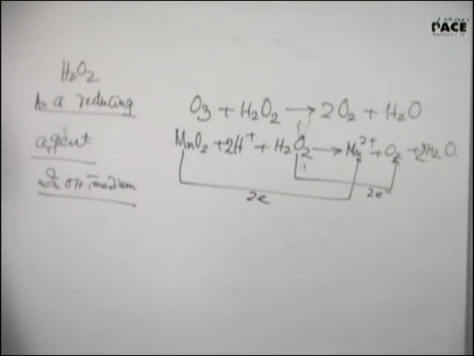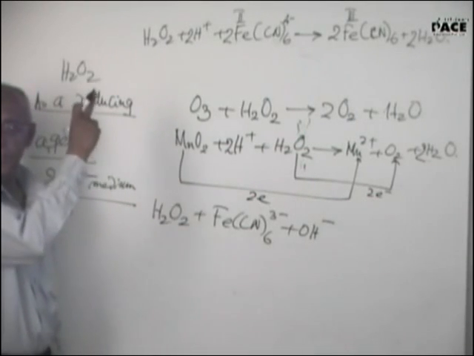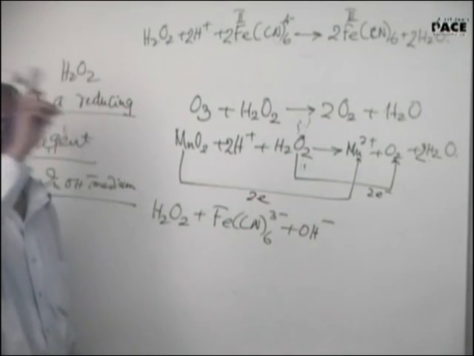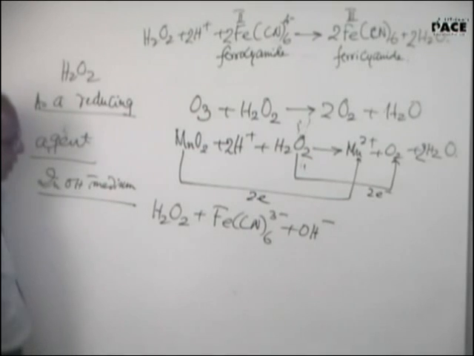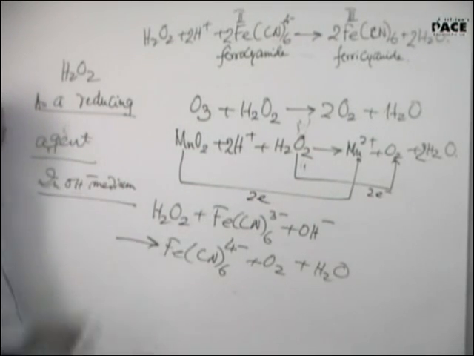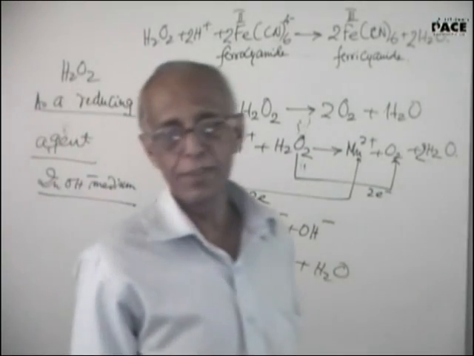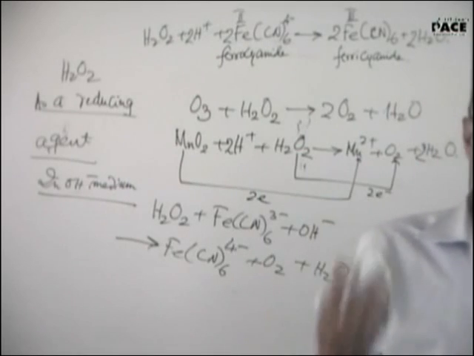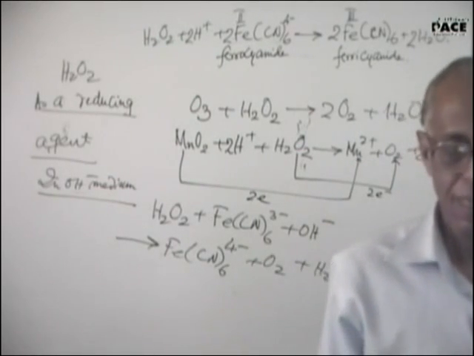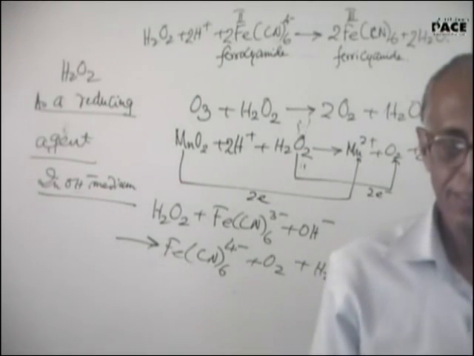As a reducing agent in OH medium. In acid, hydrogen peroxide oxidizes ferrous to ferric, ferrocyanide to ferricyanide.